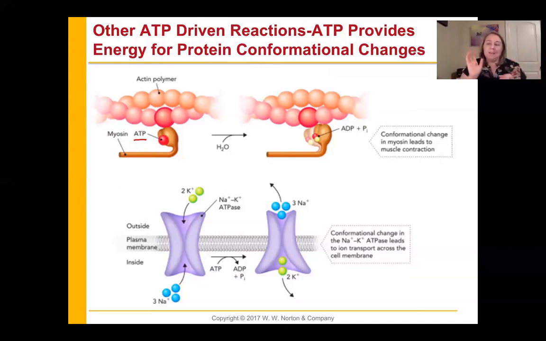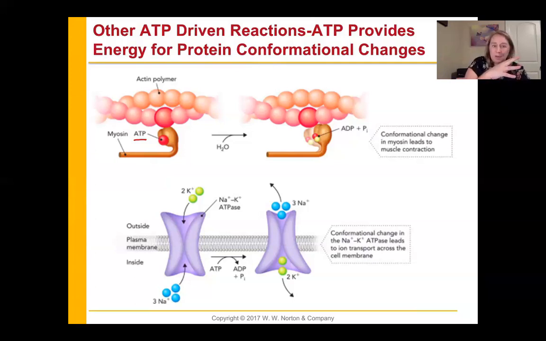Think about the actin polymer as like a rope, and the myosin has an arm on it, so it can hook on to the actin. Then when ATP binds it, the ATP can hydrolyze, and that hydrolysis basically cranks the motor of the myosin, the head group of the myosin, and ratchets and pulls the actin.